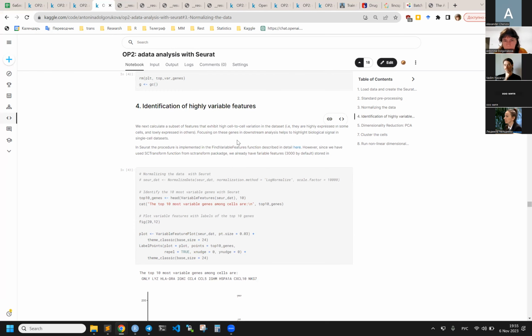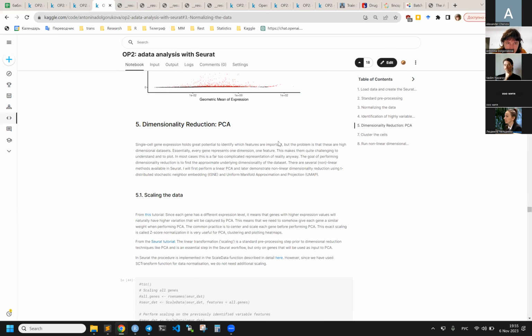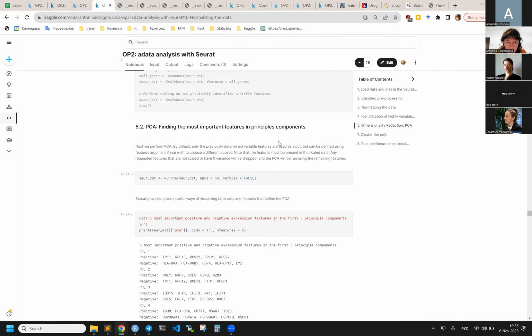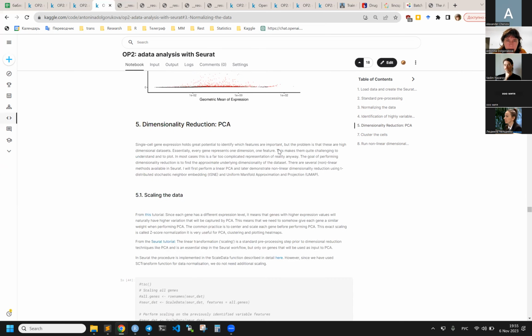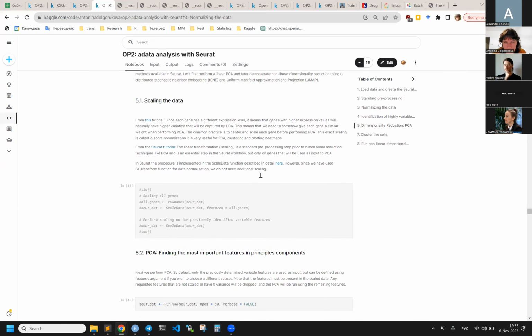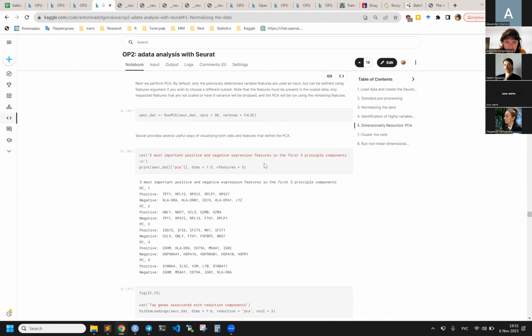So this would be variable genes, high to low. Before this, we also have to scale the data and do dimensionality reduction. We do PCA here because there is too much data to process, and we need this reduction.